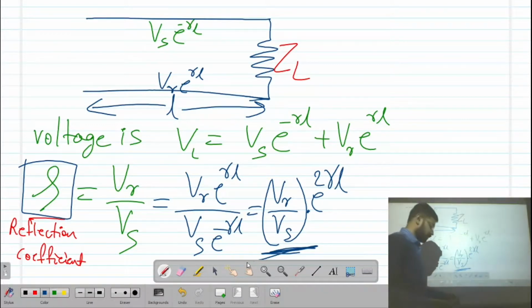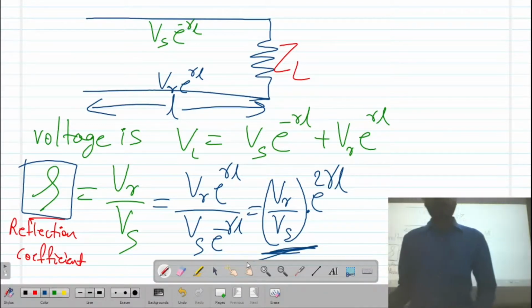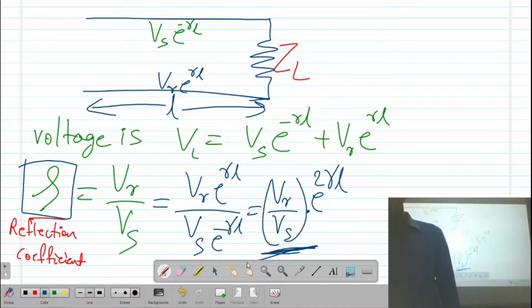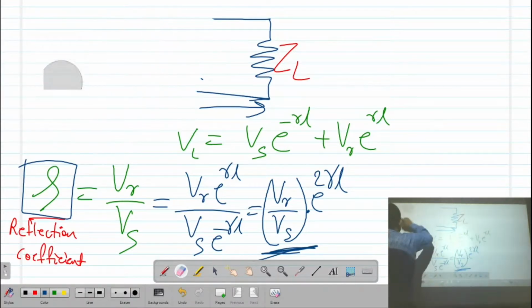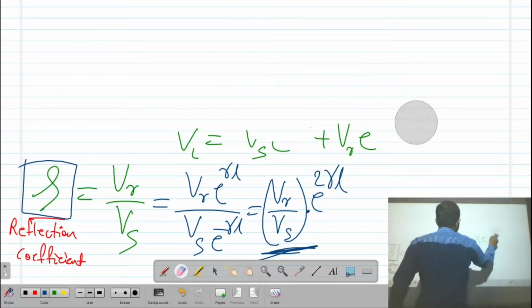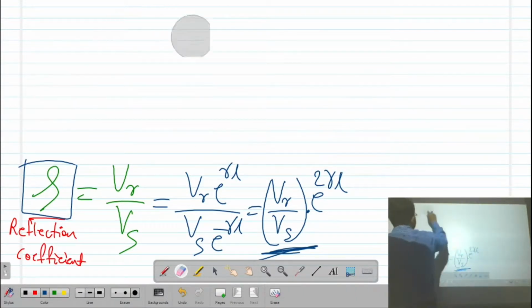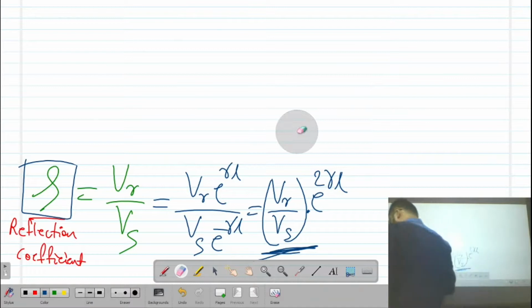Now, usually this rho, the reflection coefficient, will be a complex quantity. We will not include all those complex things, but as it has been included in the theory, you will see some of them.